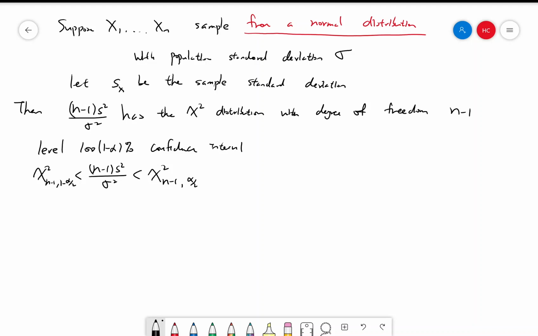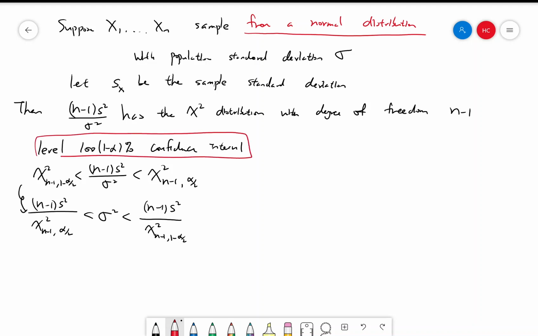If we do some algebra, move things around, we get sigma squared is between n minus 1 times s squared over chi-square with degree of freedom n minus 1, 1 minus alpha over 2, and similarly on the other side, over chi-square n minus 1 comma alpha over 2. So the level 100 times 1 minus alpha percent confidence interval is given by this interval, which has these two terms copied over.